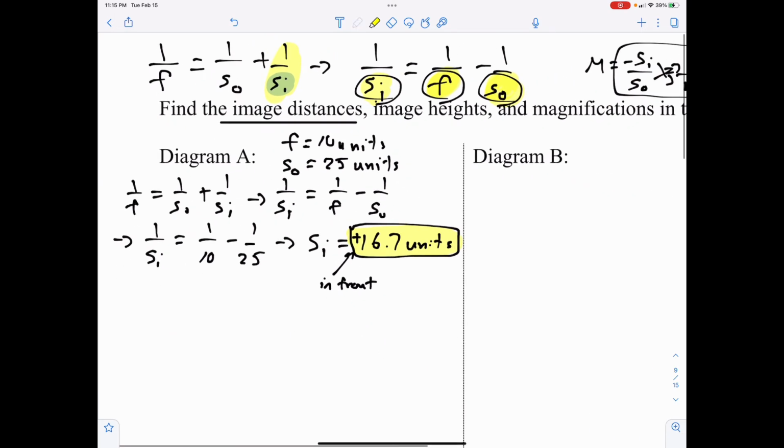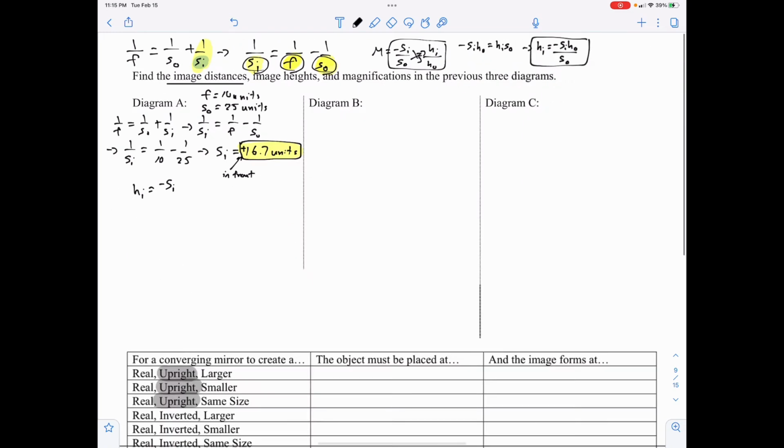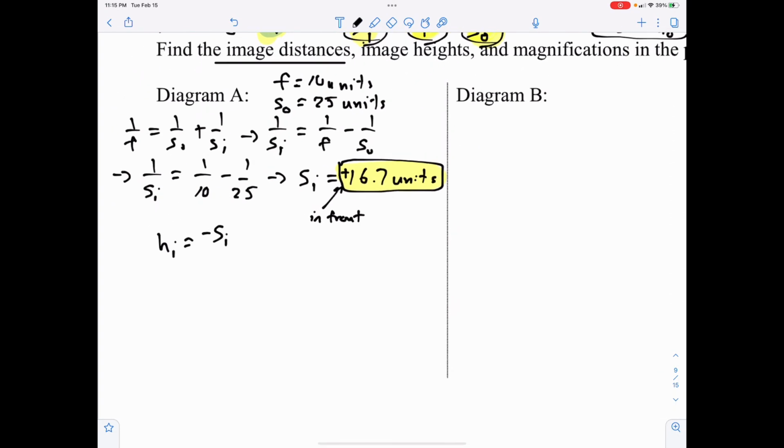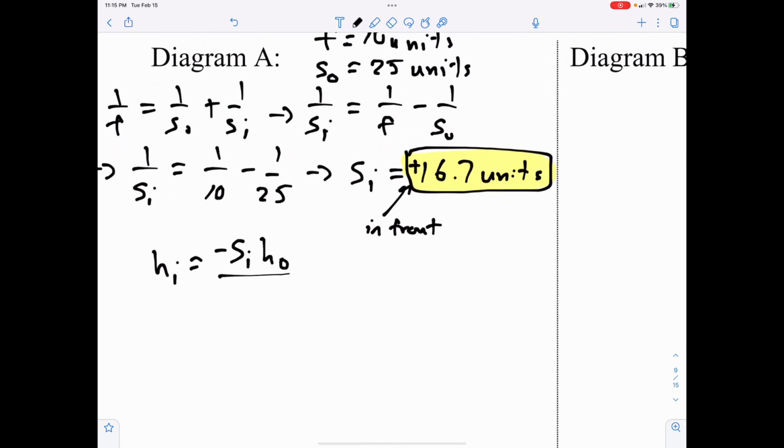Now, let's use the other equation to get the height of the image. Height HI is negative SI HO over SO. So image height is going to be negative, SI was 16.7 units, times HO over SO. Now we need to look at those values.